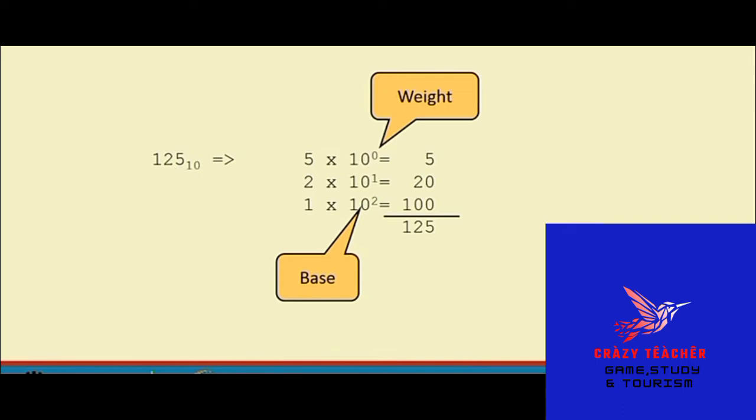So whenever we are talking about a digit, digit contribution is equal to the value of the digit multiplied by the base taken to the power of the position of the digit.